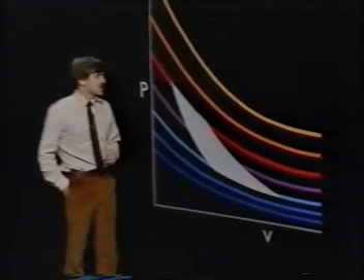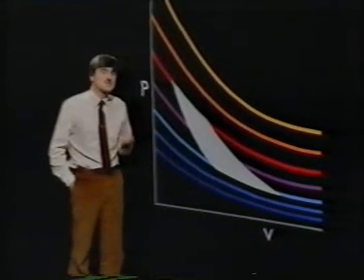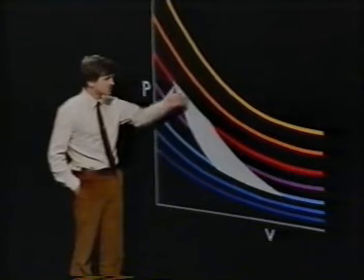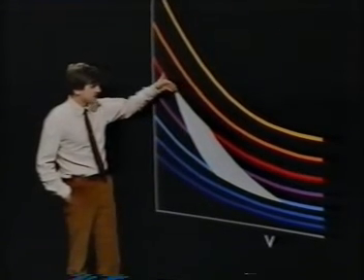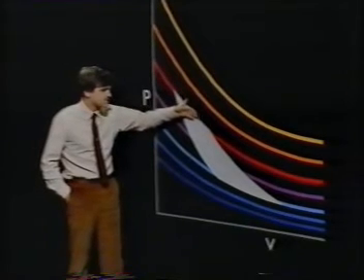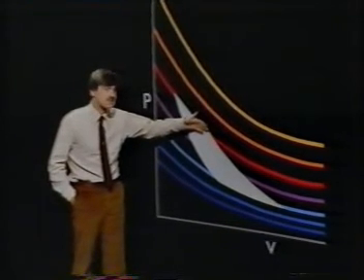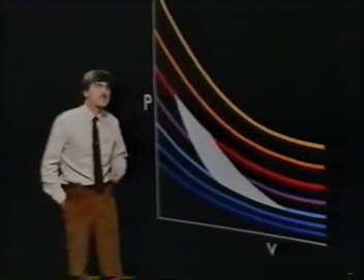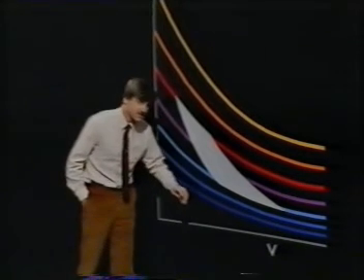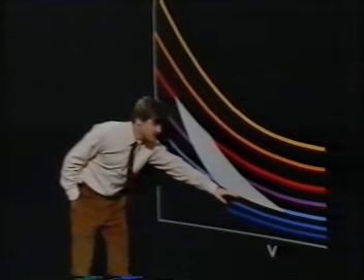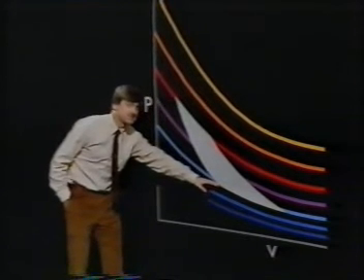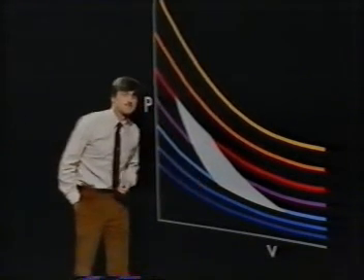So we can say the net energy transfer by heating to the working fluid, QH, must occur during this isothermal expansion at a high temperature, TH. And the net energy transfer by heating, QC, must occur during this low temperature isothermal compression at TC.